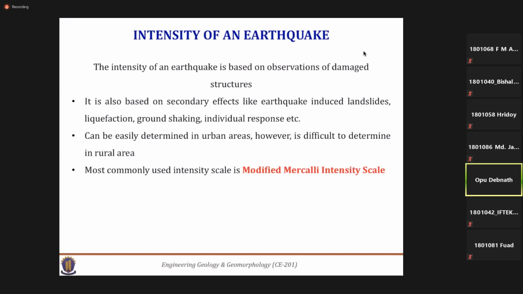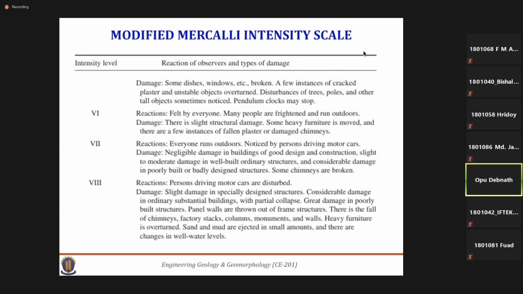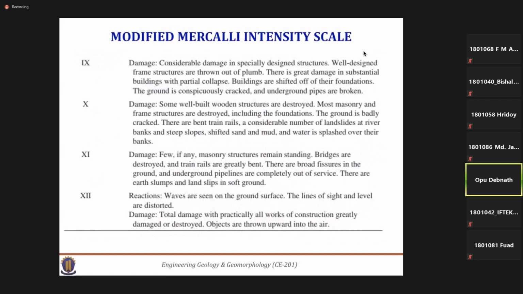And the most common intensity scale is the modified Mercalli intensity scale. The scale looks like this: the intensity levels 1 to 8, 9, 10, 11, 12. The intensity scale is categorized from 1 to 12.